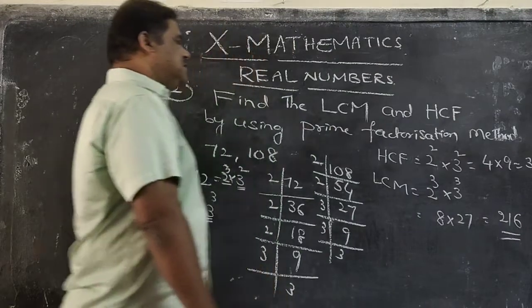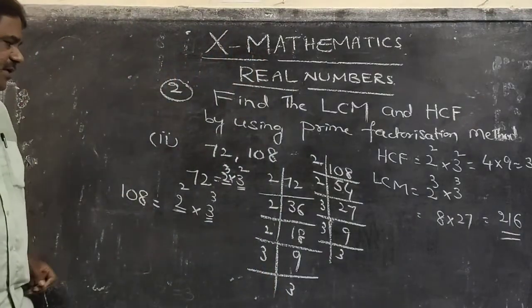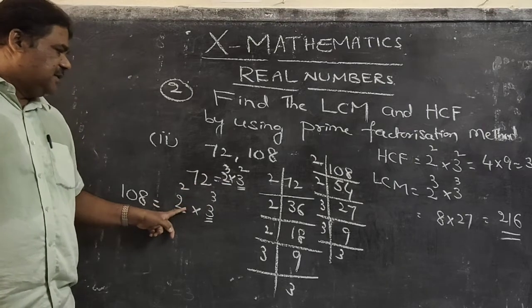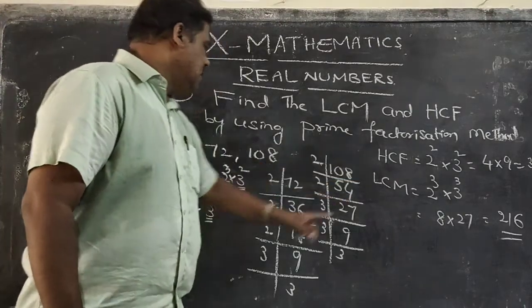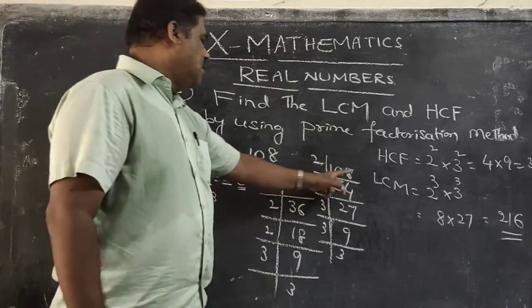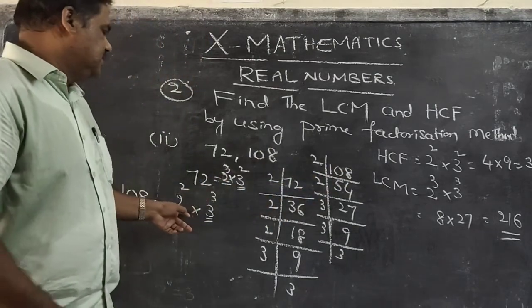So HCF is 36, LCM is 216. So first you take the factors, underline the common factors. Now HCF means common factor with less power. LCM means common factor with highest power.